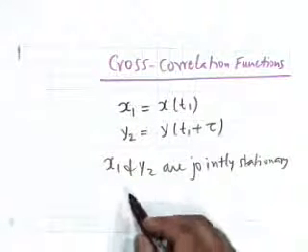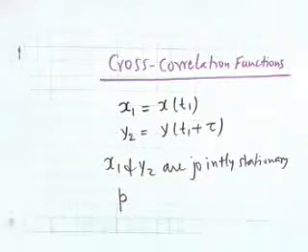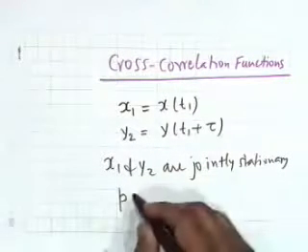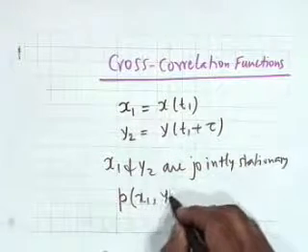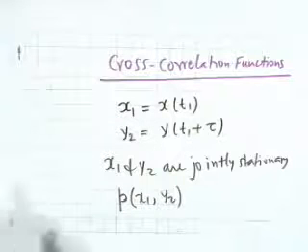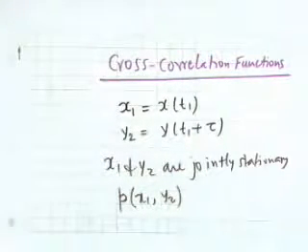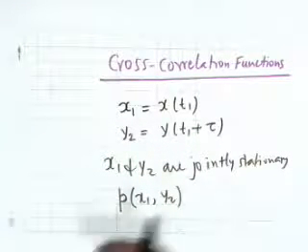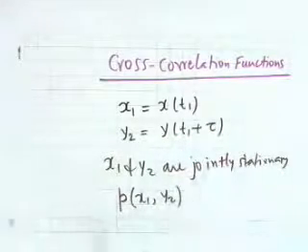What does it mean that x1 and y2 are jointly stationary? It means that the joint probability density function of x1 and y2 is required, just as in the autocorrelation we also require a joint PDF. In cross correlation also we require a joint PDF.